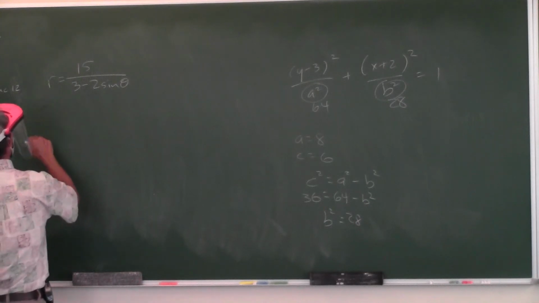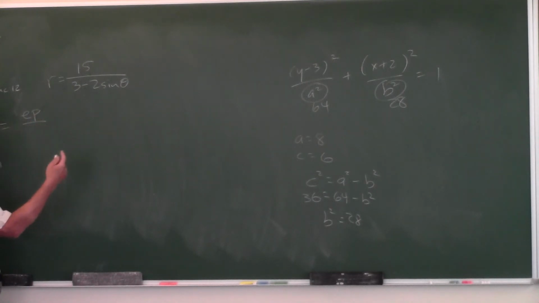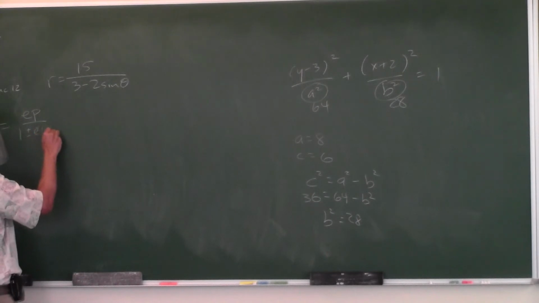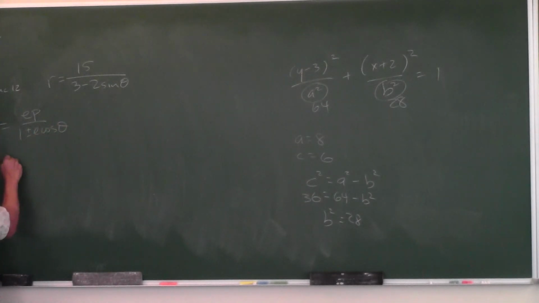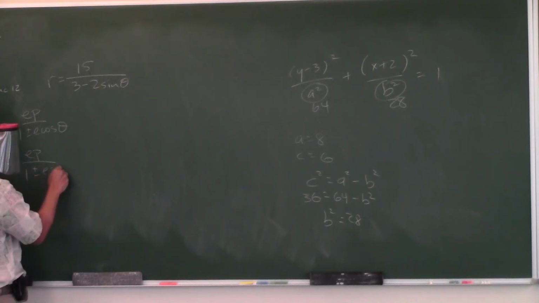Okay, I guess I better write it down for the people watching on video. r = ep over 1 plus or minus e cosine theta, or r = ep over 1 plus or minus e sine theta. This is not the same p as in the parabola one.